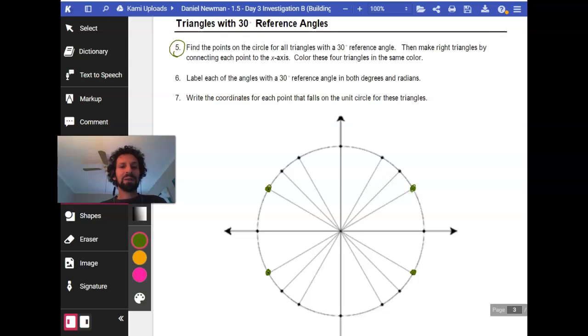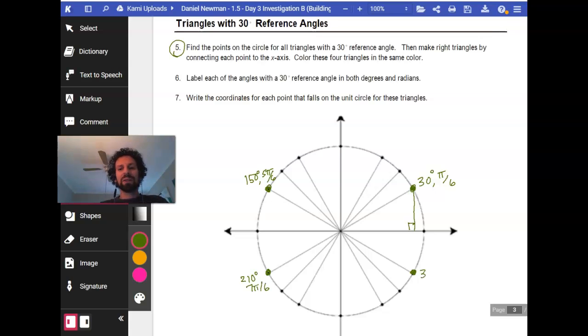Now the key is that we need to form a right triangle with each of these angles. So before we do that, let's label the angles: 30 degrees and pi over 6. Here we have 150 degrees and 5 pi over 6. Here we have 210 degrees and 7 pi over 6.